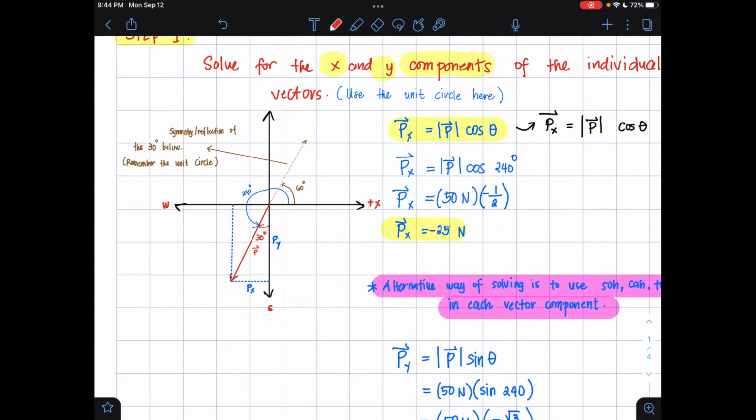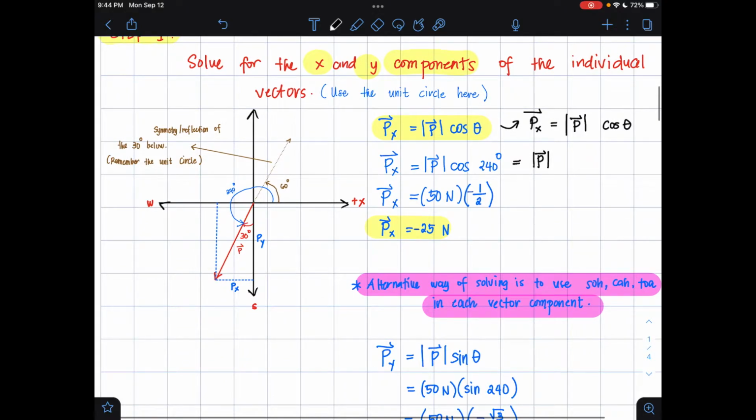So basically this statement is just the same as using the magnitude of P, but instead of cosine of 240, you write cosine of whatever this angle is, and that is 30 degrees. But you have to be wary, class. If you write cosine 30 degrees, do you remember what the cosine of 30 is?